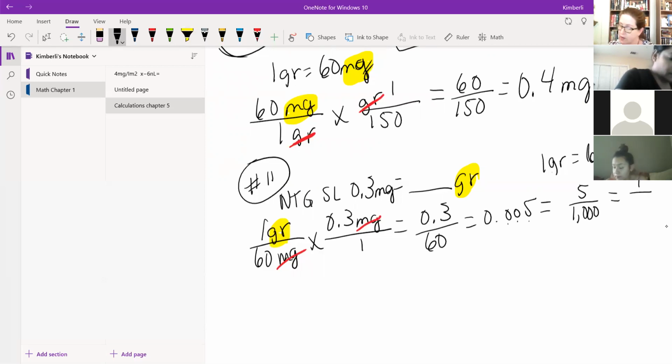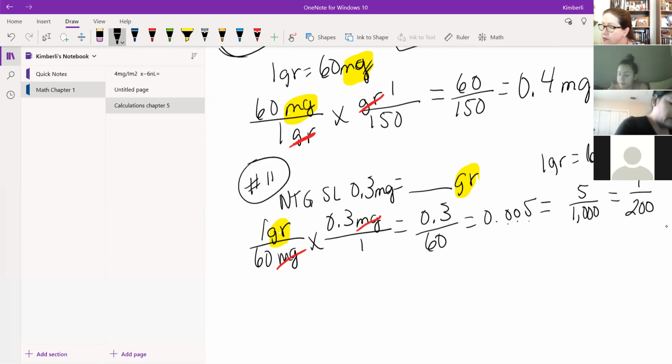And 1,000 divided by 5 is what? 200. So that's my answer, 1 over 200. Because it's nitroglycerin. Now, if it was any other drug, the answer would be 0.005 grains. But since it's nitroglycerin, we're looking for 1 over 200.